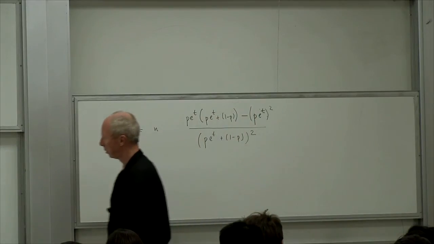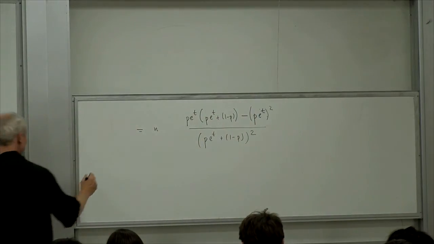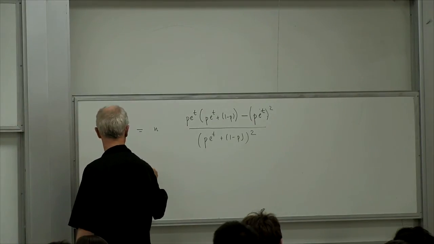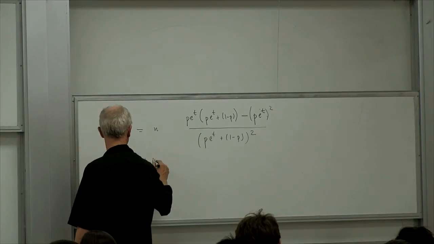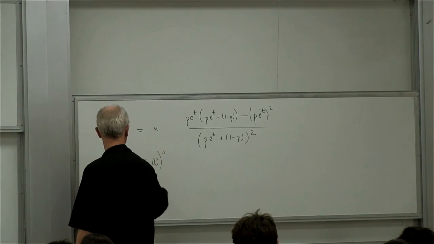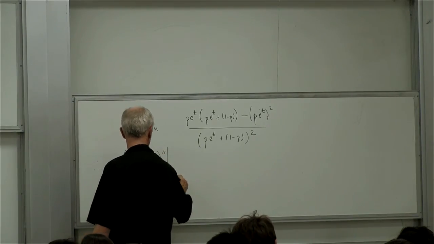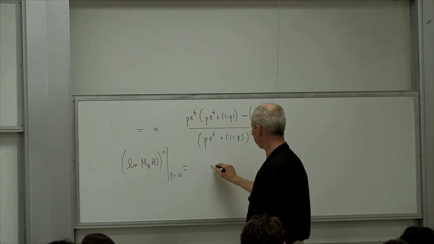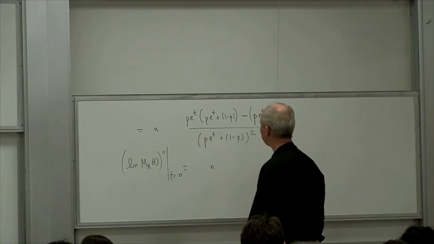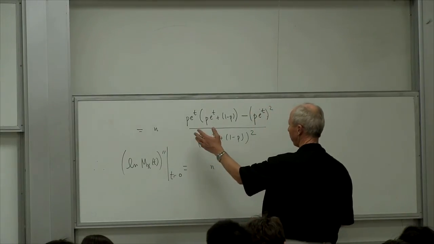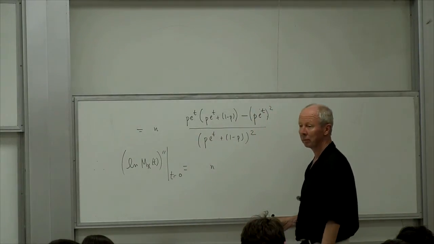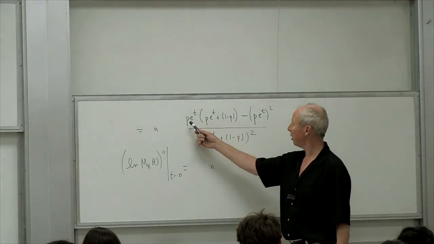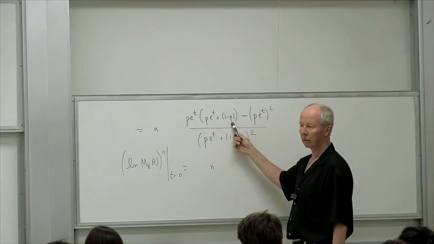Okay, and now I evaluate it at t equal to 0. I just put t equals 0 in here. Well, there's an n out in front. So all the e to the t's will become 1. E to the 0 is 1. So I get p. What do we get here?